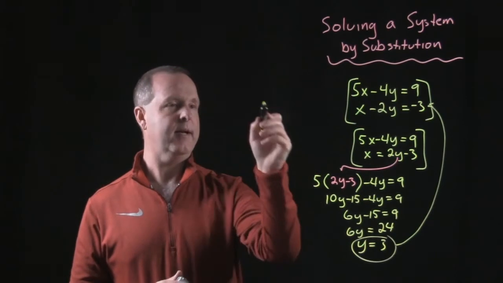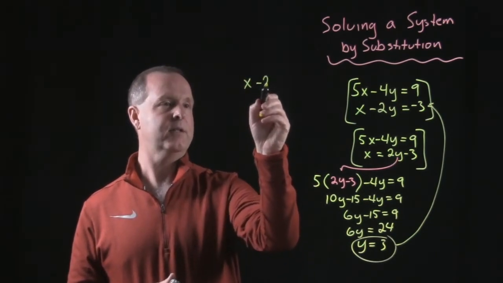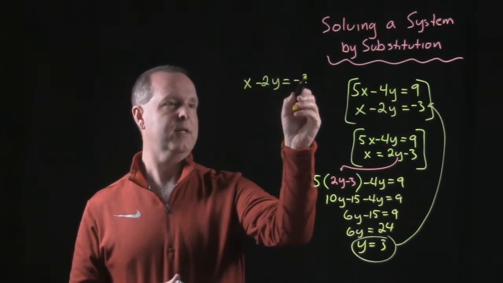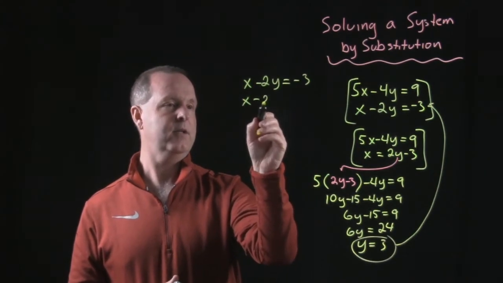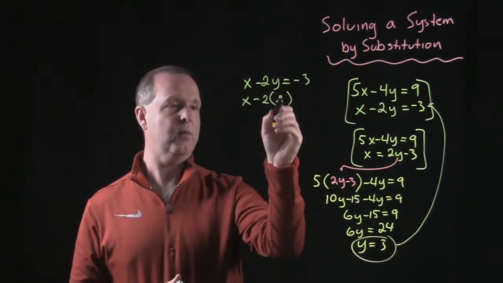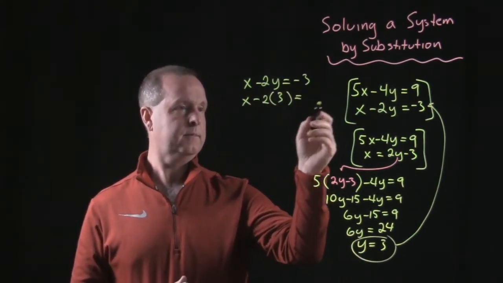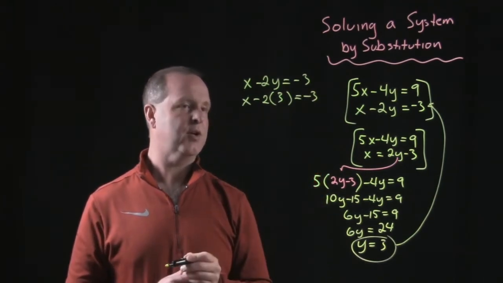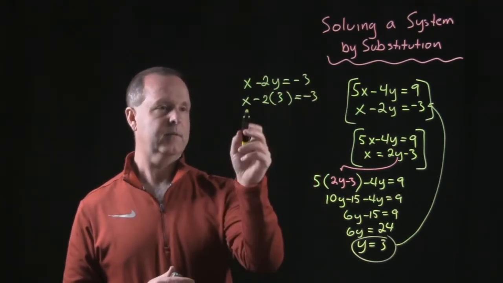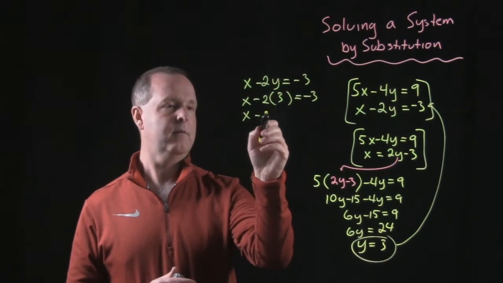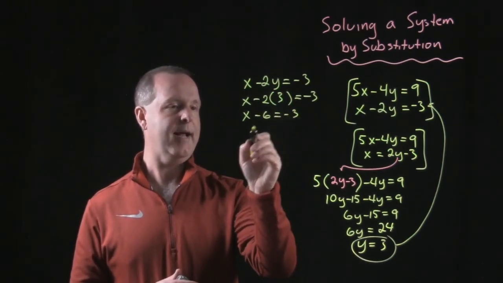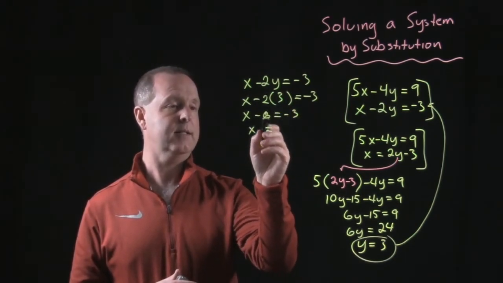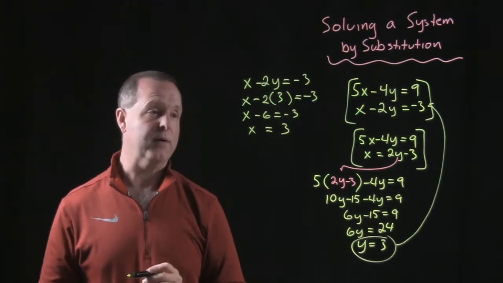So let's look at this one right here. x minus 2y equals negative 3. x minus 2 times the y we discovered, which was 3. Make sure I wrote down the equation right. Yep. And then x minus 6 equals negative 3. Add 6 to both sides and that gives me 3.